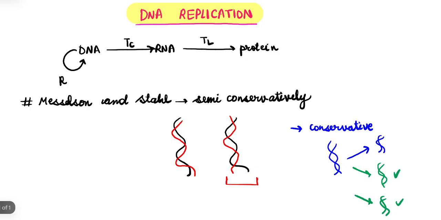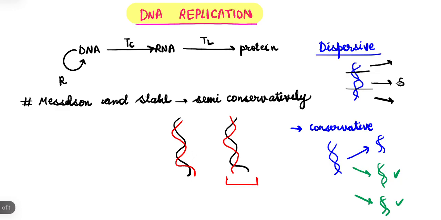Then there was another theory which was put forward, and that is the dispersive mode of replication. In the dispersive mode of replication, it was said that the original parental strand got divided into many pieces, and then each of them, either through semi-conservation or through conservation, was developing the new progeny.